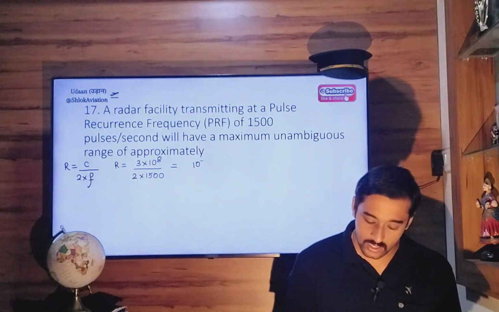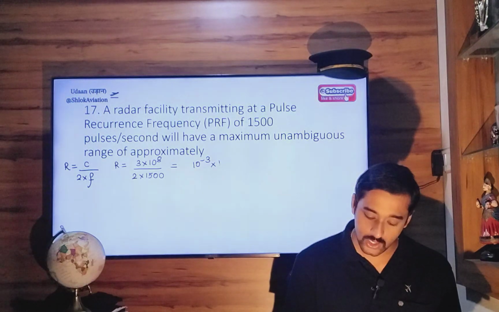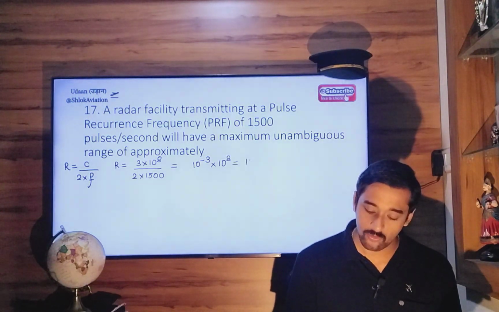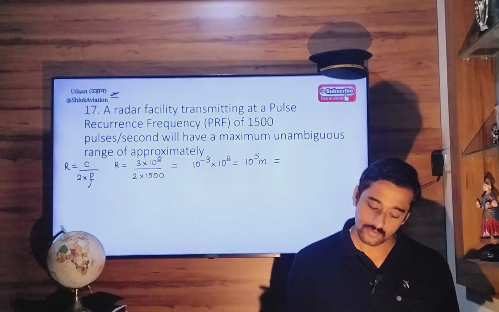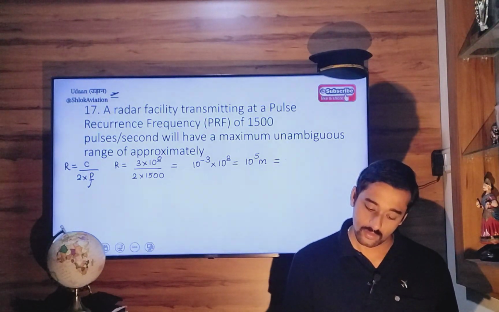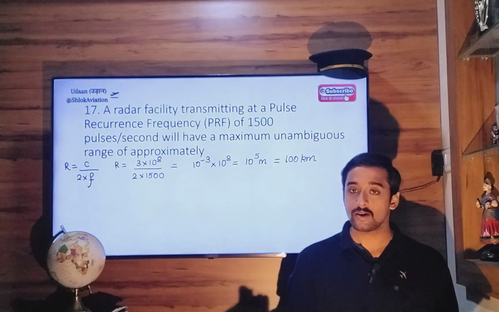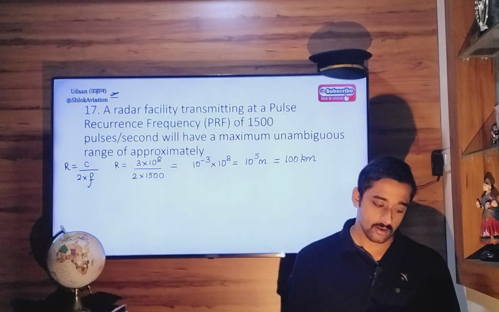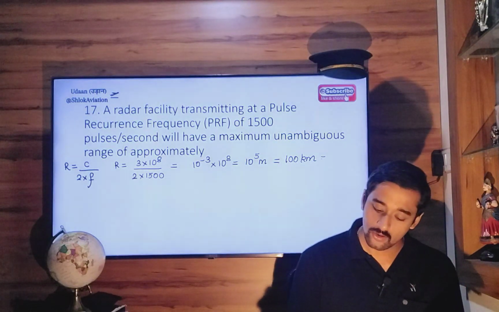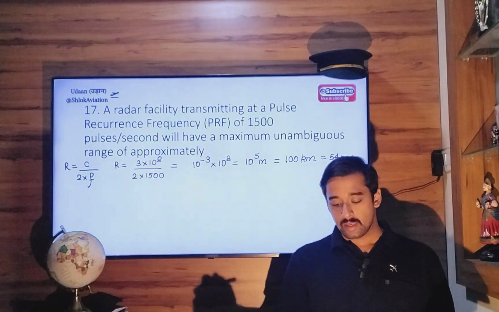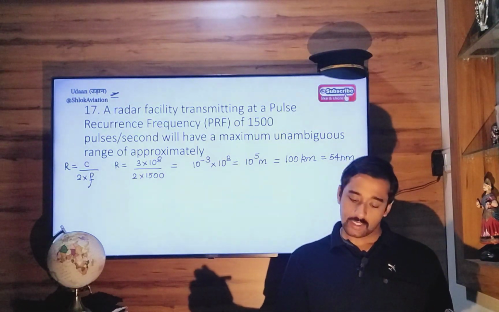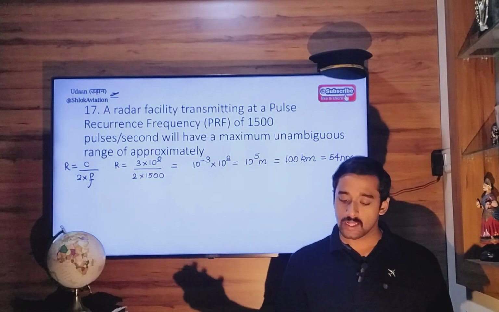So 10 raised to minus 3 into 10 raised to 8 is 10 raised to 5 meter. In terms of kilometer, it will be 100 kilometer, and 100 divided by 1.85 will be 54 nautical miles. So this should be your answer, 54 miles or 100 kilometer.